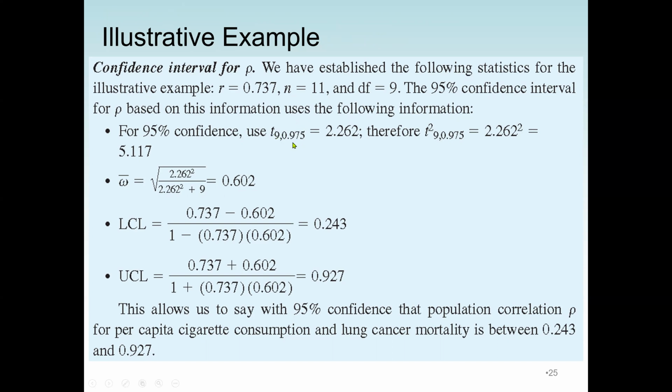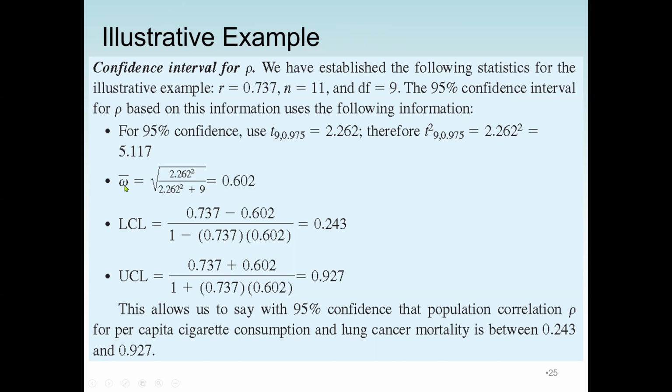I think we're doing one way. So we look for the value corresponding to 0.975 on 9 degrees of freedom, and that gives us 2.262. Then t squared will be what? 2.262 squared, where the formula is the square over the square plus the degrees of freedom, and that gives us this.